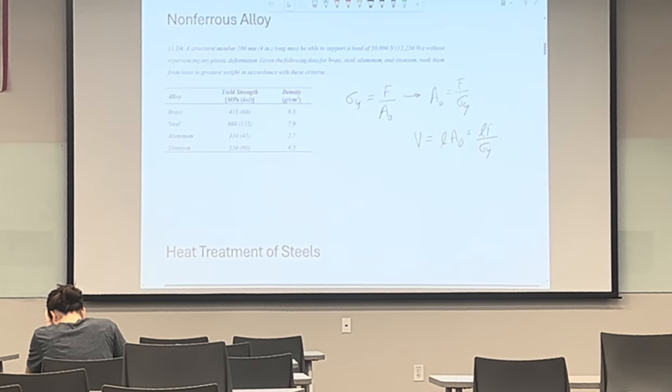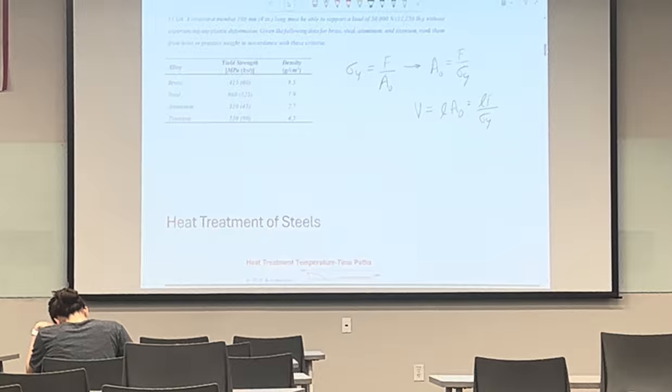And they also give us density values as well, so we're not quite done yet. So we know that we can find density from the mass equation. They're all related, but you have mass is equal to volume multiplied by density.